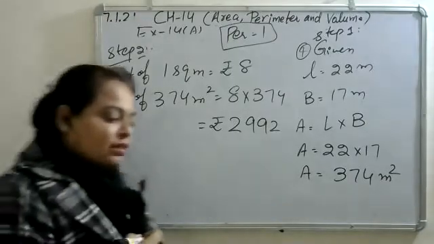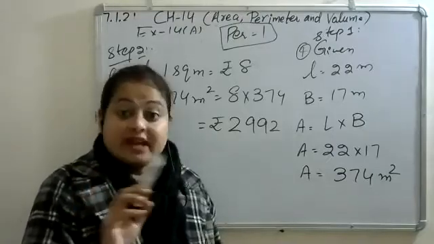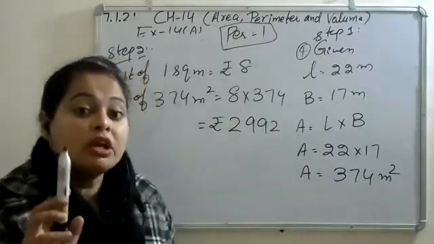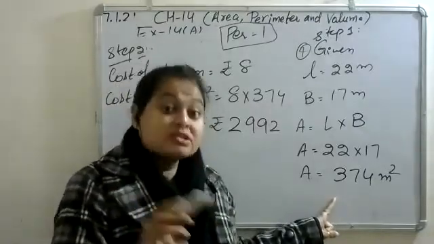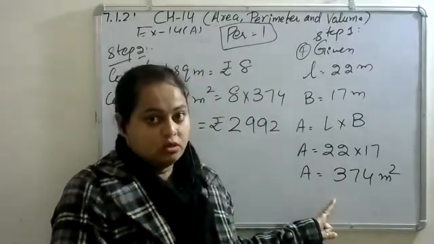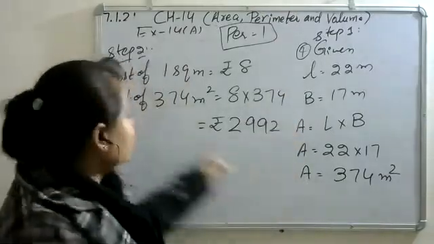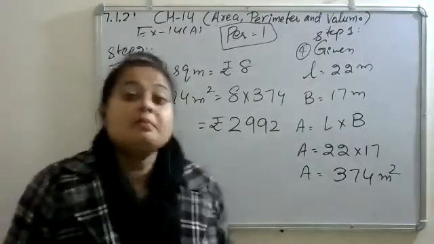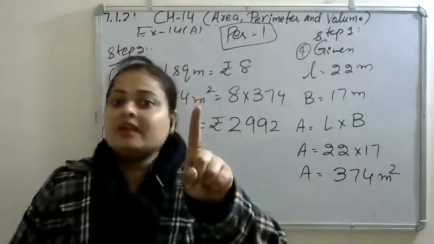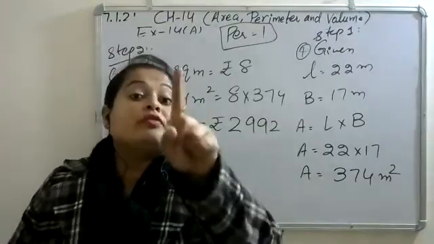So like this you will solve the sum. You will not find out the cost first. आपने बेटा पहले cost नहीं find करनी. First of all you will find out the area. Area आएगा उसके बाद cost आएगी. In the second step, cost of per square meter. Per means 1. Whenever you will observe, per is used for 1.